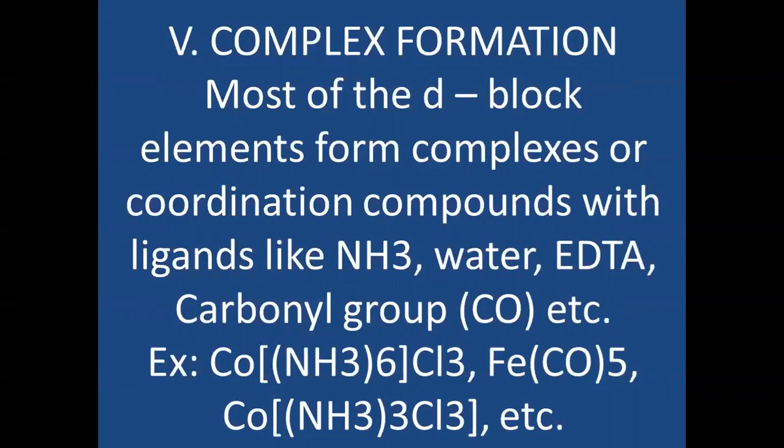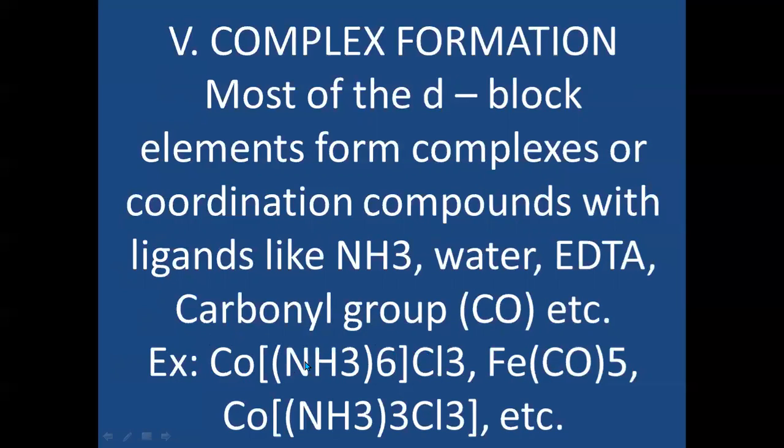For example, when we add cobalt chloride to ammonia, we get a compound called cobalt hexamine chloride, Co(NH3)6 Cl3. This is called a coordination compound or complex. In this, a metal is there, cobalt, ammonia is there, and Cl is there.